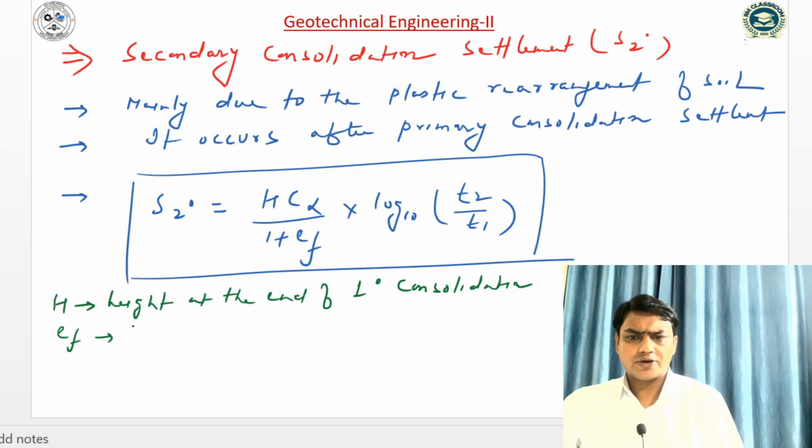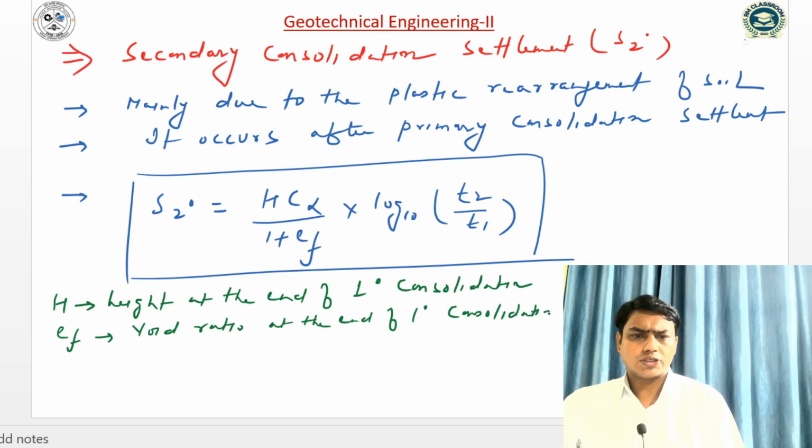Similarly, ef is the void ratio at the end of primary consolidation, and C alpha is the secondary consolidation index.